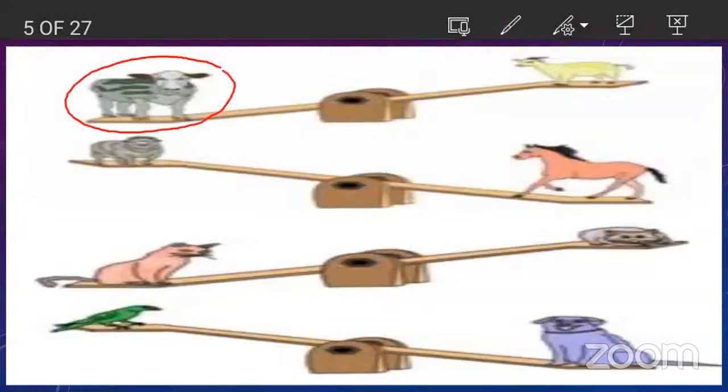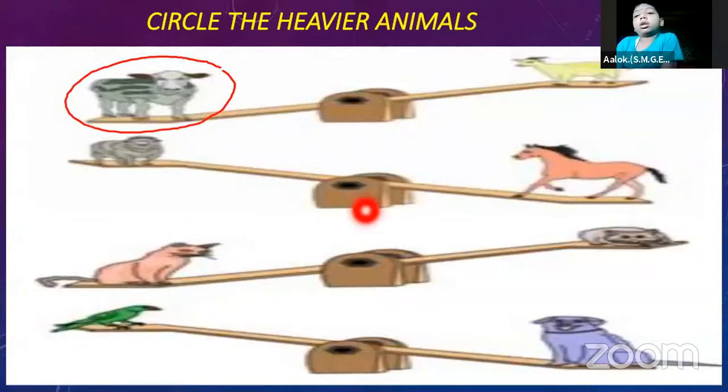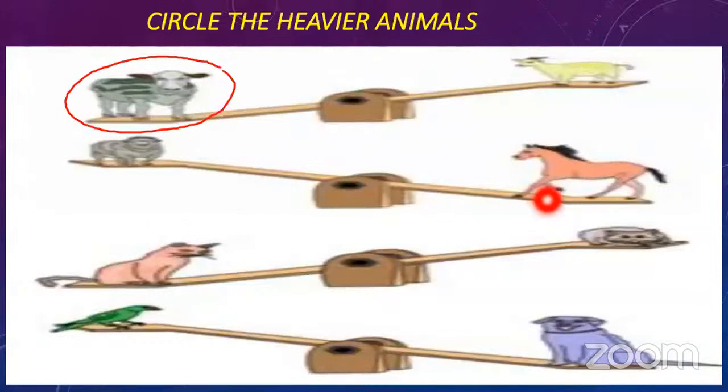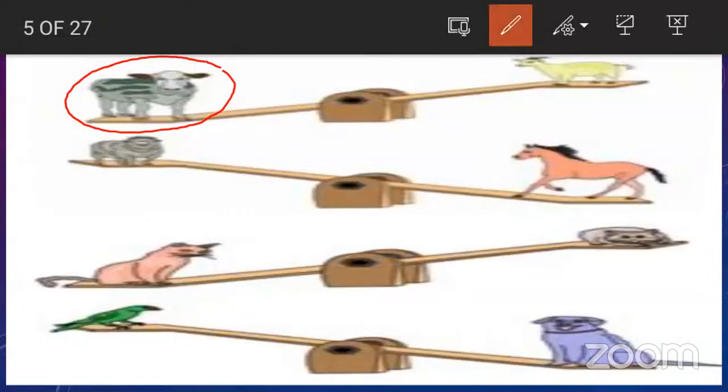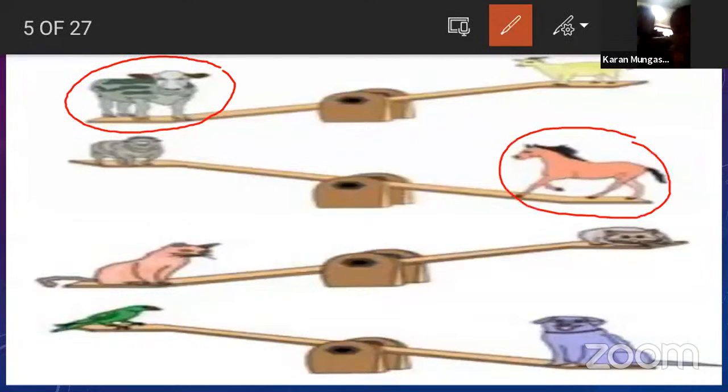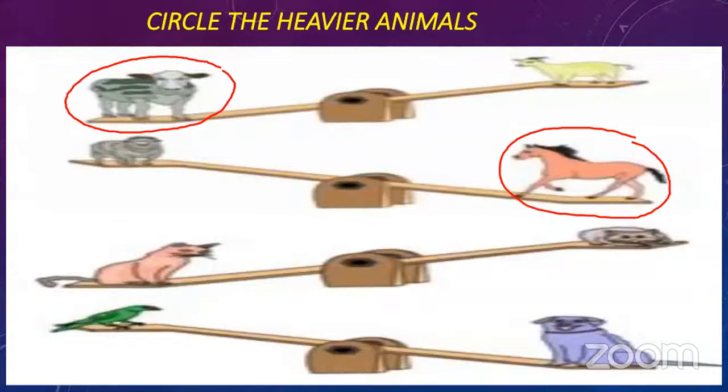Okay. Now look at here. Yes. Look at the second seesaw. Here is horse and here is sheep. So which one is heavier now? Horse. Very good. So let us put the circle to the horse. Now look at here. Here is the cat and here is the kitten. Okay, which one is heavier? Yes, cat.